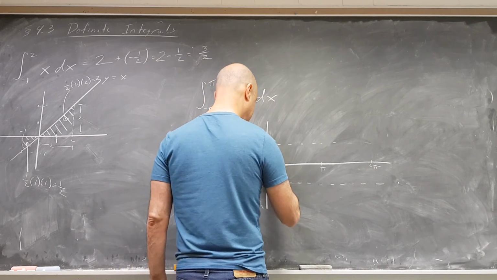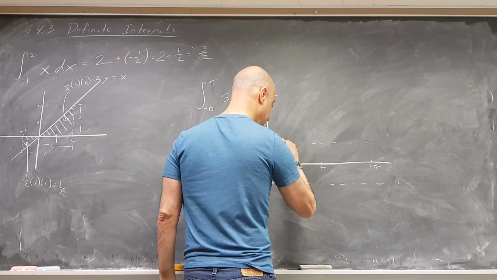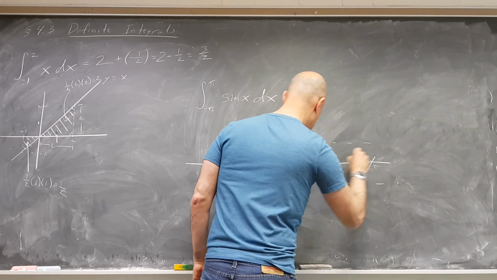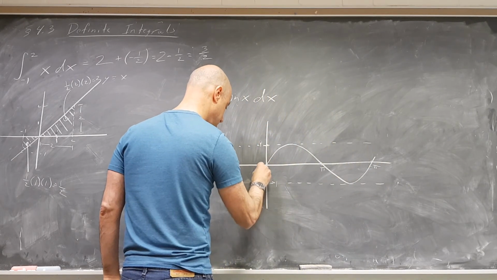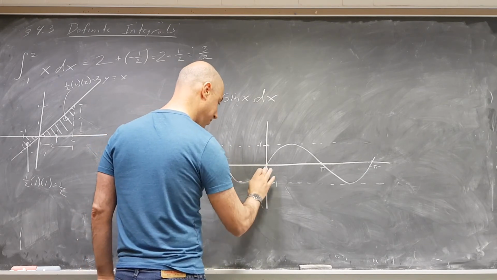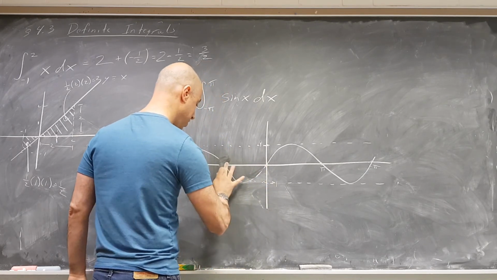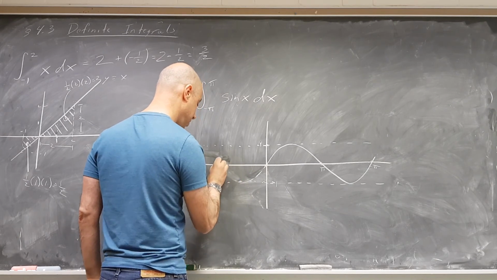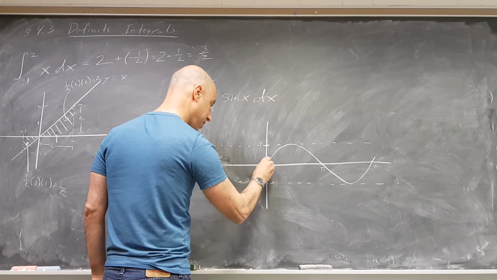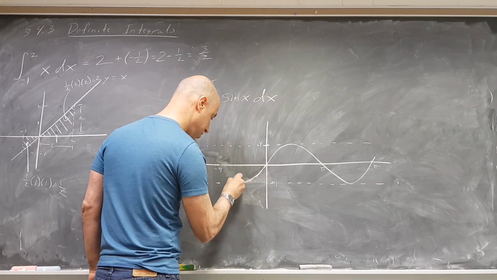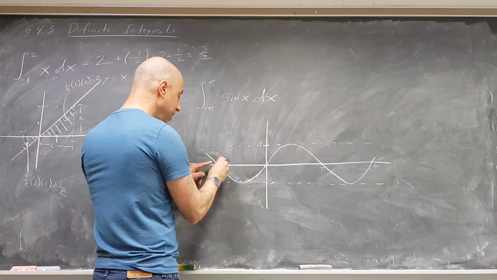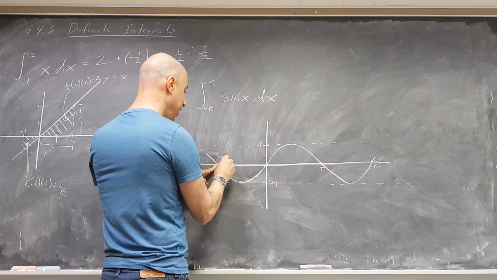So the sine curve goes up, goes down. Well, that's pretty sad looking. Try that again. There we go. And I'm asking you to go between -pi and pi.